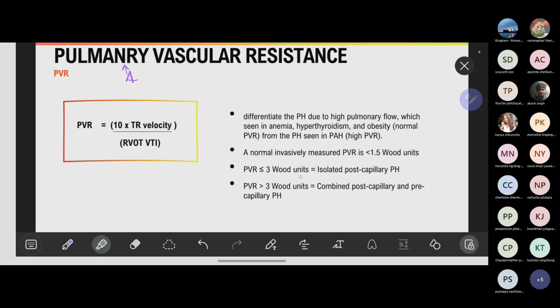Normal invasively measured PVR is less than 1.5 Wood units, and PVR may be estimated by dividing TR velocity by RVOT VTI.